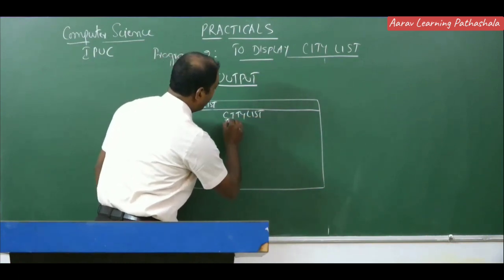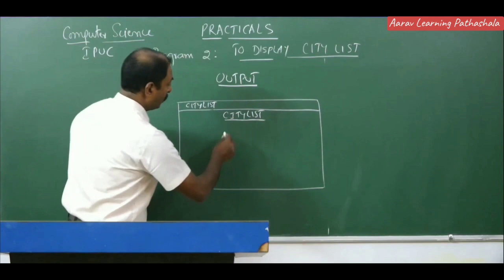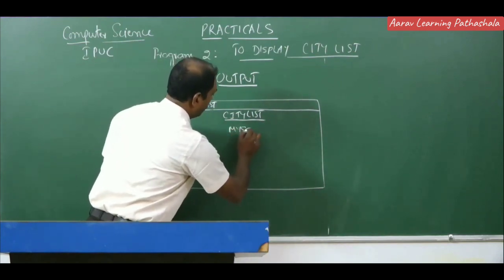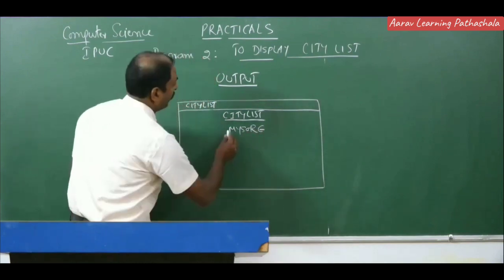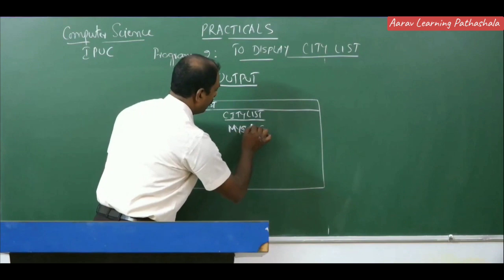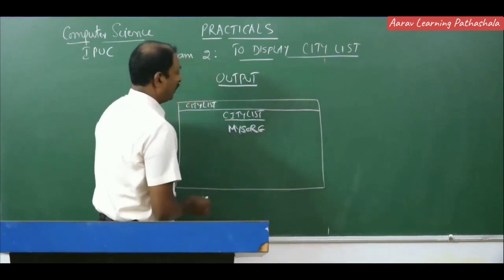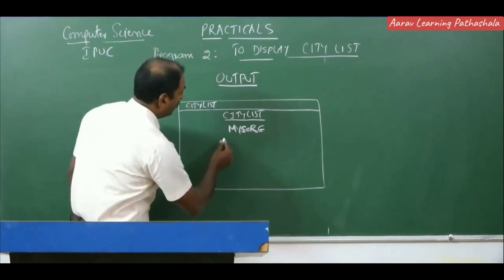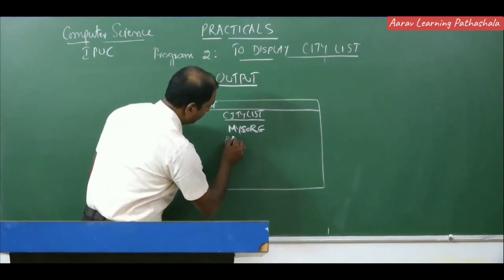City list will be underlined, and below we have, one by one, Mysore, which will appear in bold. Next one is Bangalore, which will appear in italics.